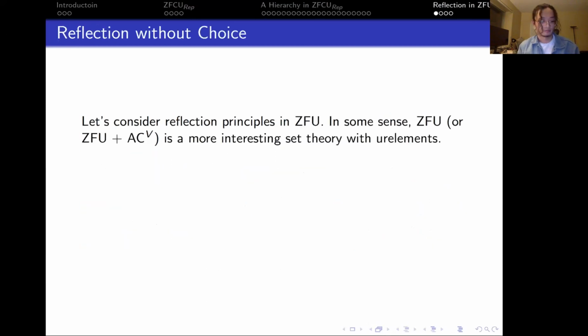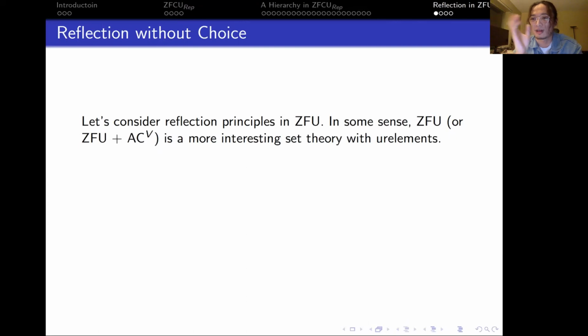All right, I'll talk a little bit about reflection without choice. So maybe I should note that ZFU is a more interesting set theory with Ward elements, because if you have ZFCU, or if you have choice here in U, then every set of Ward elements can be well ordered, then it's equinumerous with a pure set. Then why don't we have these sets of Ward elements at all, right?